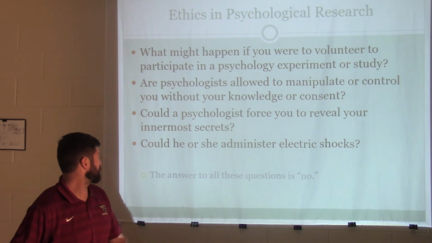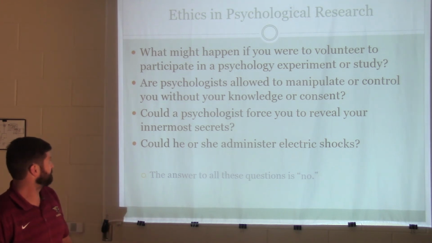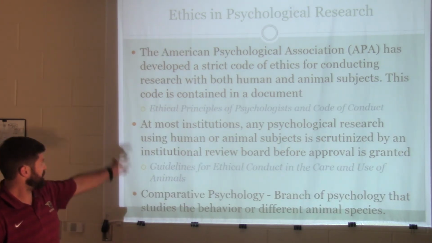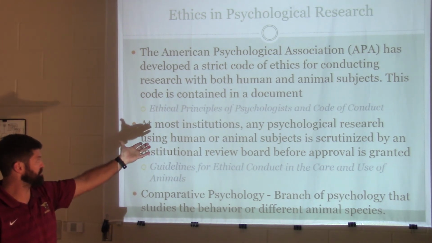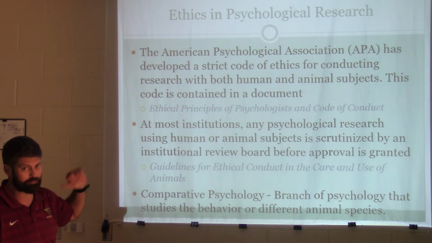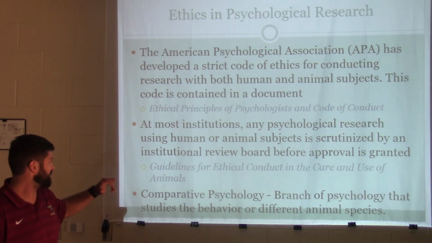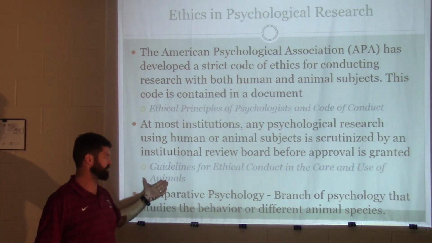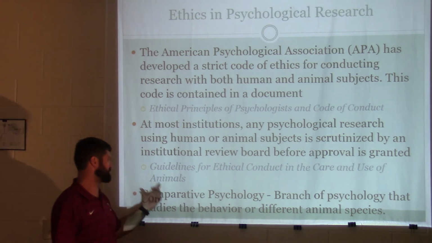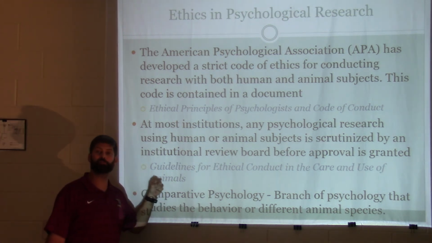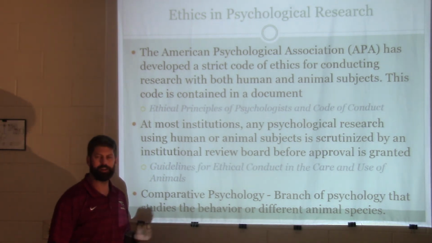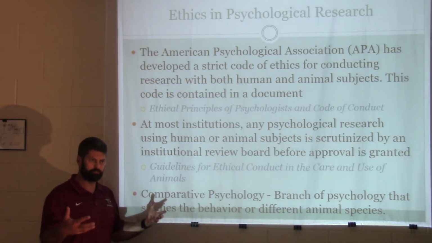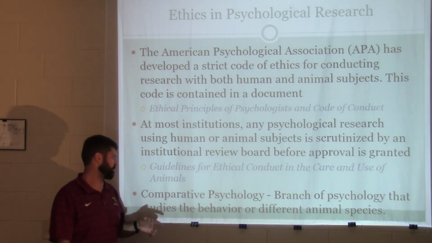Ethics in psychological research. Let's look at this. The American Psychological Association, APA, comes up with the ethical principles of psychologists and code of conduct. You have to follow this when you do research. They also come up with guidelines for ethical conduct in the care and use of animals, because psychologists do so much research on animals that we have to be ethically inclined to take care of them.